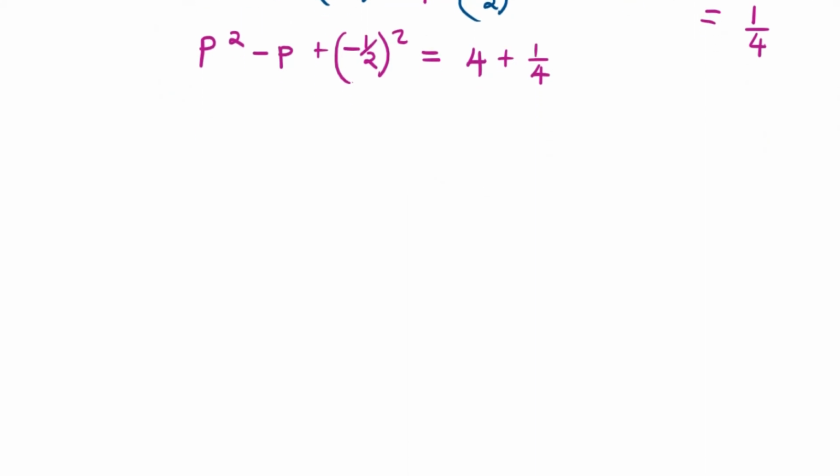We proceed by now saying we have p squared minus p plus a negative half squared is equal to, here 4 is over 1, so we are adding 4 over 1 plus 1 over 4. We will look for the lowest common multiple of 1 and 4. In this case it's a 4. 1 into 4 is 4, this 4 multiplies the numerator 4 to give us 16.